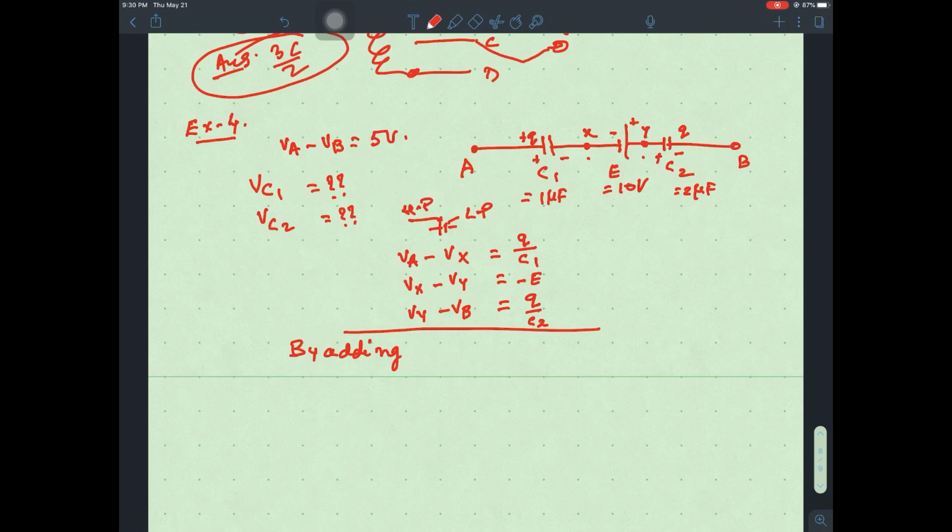If we add all three, Vx will cancel, Vy will cancel. We get Va minus Vb equals Q1 by C1 plus Q2 by C2 minus 10.